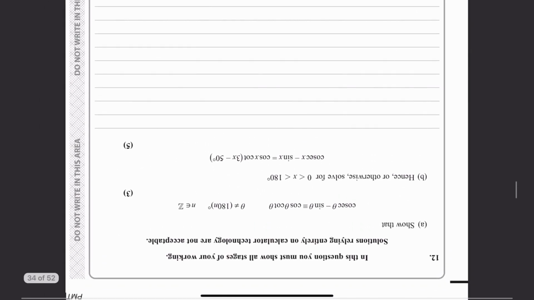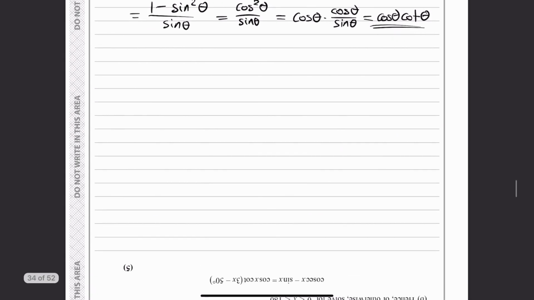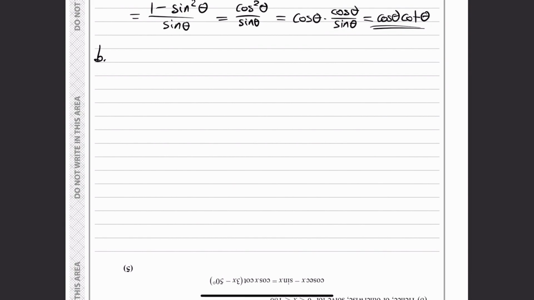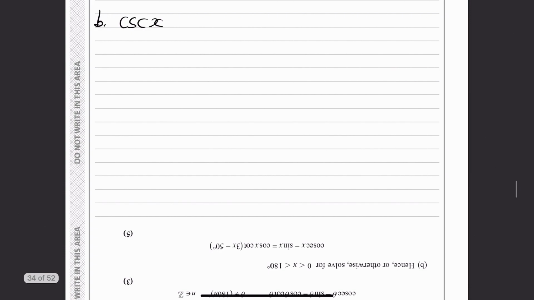Now, part B, hence or otherwise show for x between 0 and 180 degrees that cosecant of x minus sine of x is equal to that. Okay, now we want to solve this equation. Cosec x minus sine x is equal to cos x cotangent of 3x minus 50.